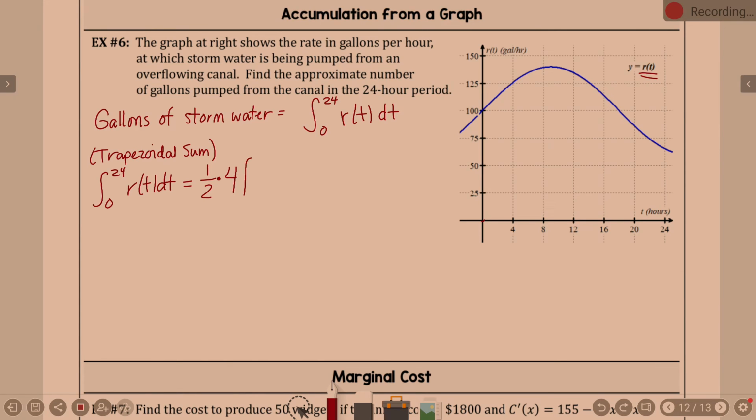Now, what do we need to know? What's the important part? We've got to find our various heights, and some of these are going to be estimates. We know this first height is 100. I'm going to write these all down, and then I can write out my trapezoidal sum quicker. What's my next height?